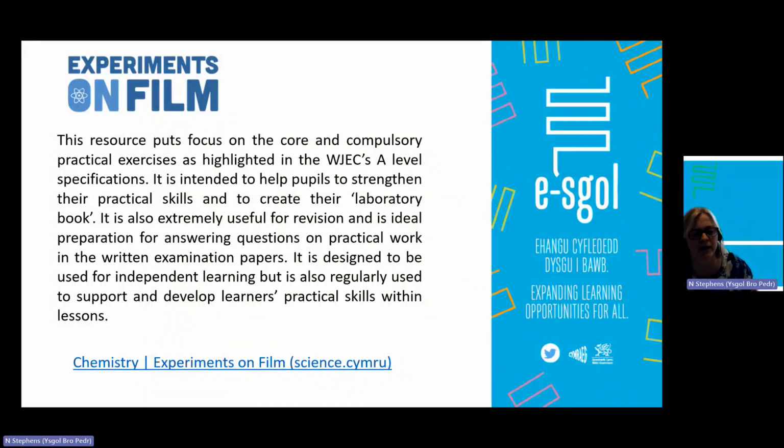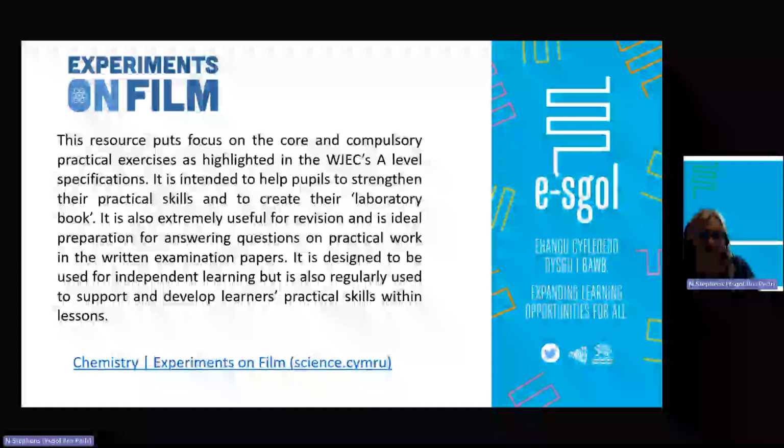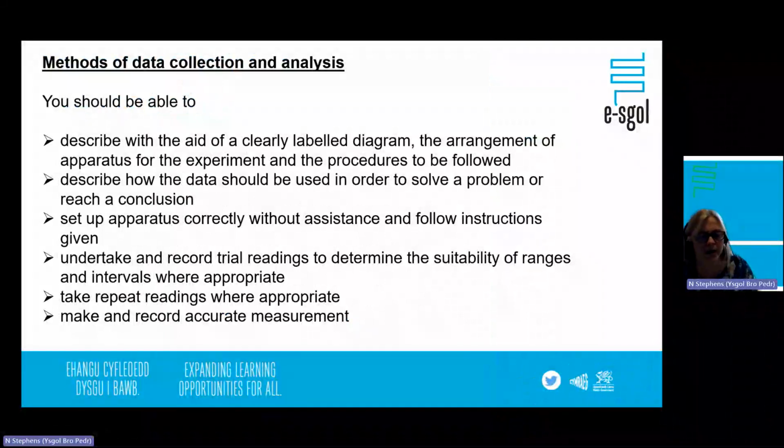Unit 5: during the 18 months which you've been studying chemistry, you should have picked up quite an array of skills. So I'm just going to quickly go through them with you. The expectation is that you are very confident and able by now to do the following: methods of data collection and analysis. I'm not going to read through it for you; you can pause and do that at your leisure.